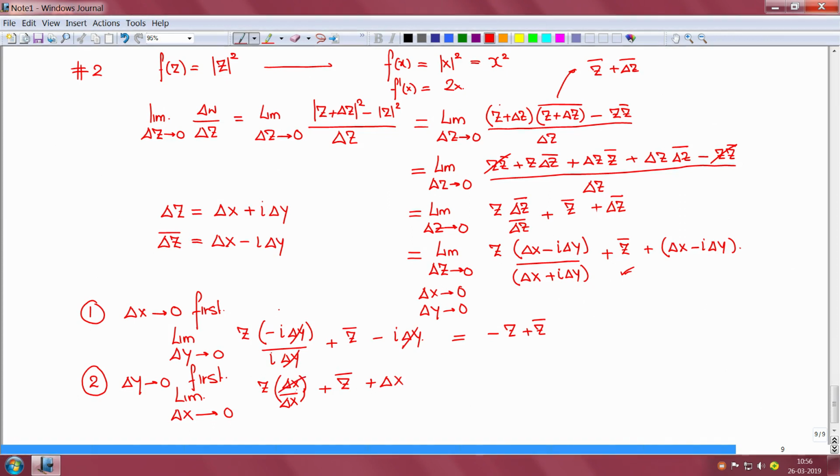This delta x cancels off, this delta x will go to 0, and so we have this time z plus z bar. So you can see these two are not equal.